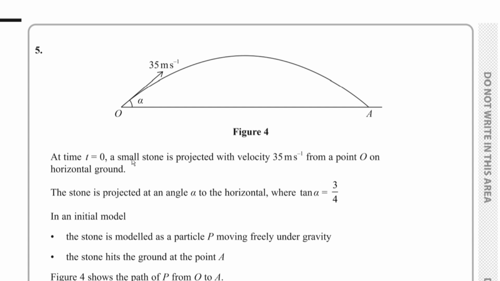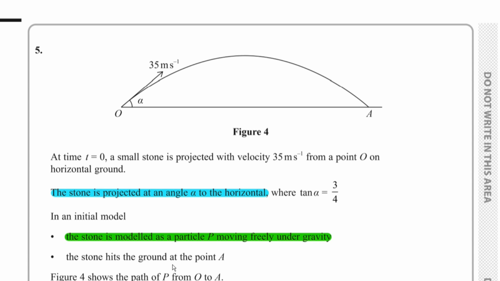Question number 5. At time t equals 0, a small stone is projected with velocity 35 meters per second from a point O on horizontal ground. The stone is projected at an angle alpha to the horizontal, where tan alpha equals 3/4. In an initial model, the stone is modelled as a particle P moving freely under gravity.